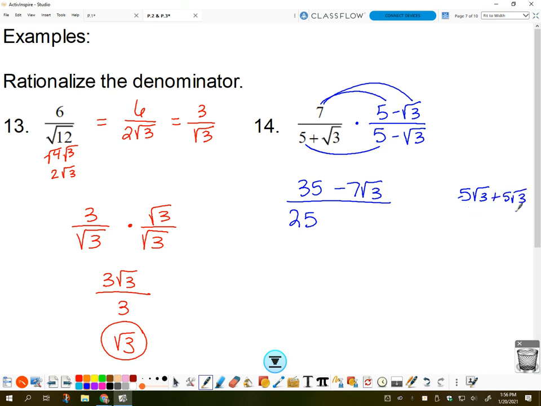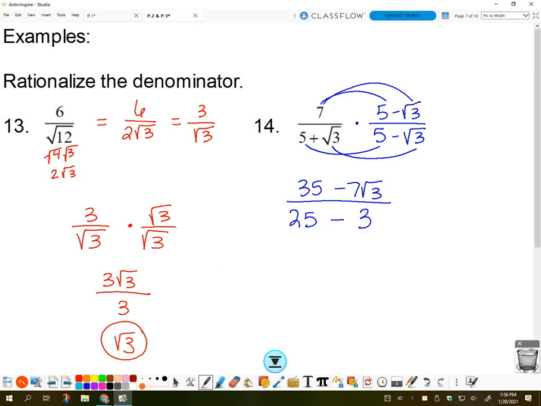And you see how that's the exact opposite of each other? Those would make 0. So I don't ever write those down. I know that when I multiply conjugates, those middle pieces are always going to cancel out. So when I'm rationalizing my denominator, I always just do the front times the front, and then the back times the back. So that's going to give me negative square root of 9, which is just 3.